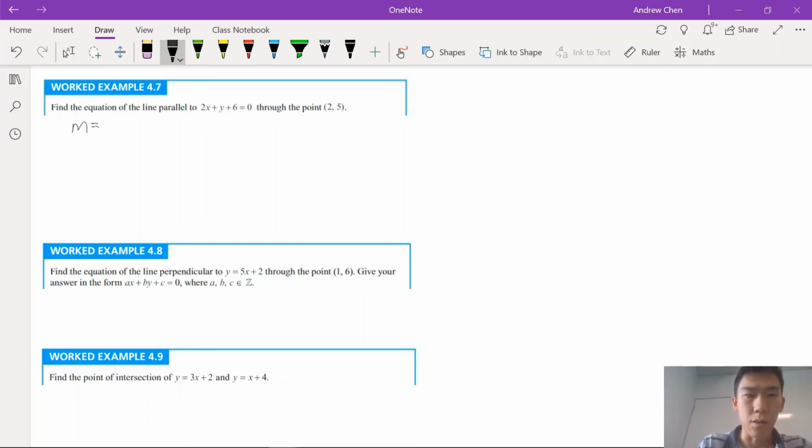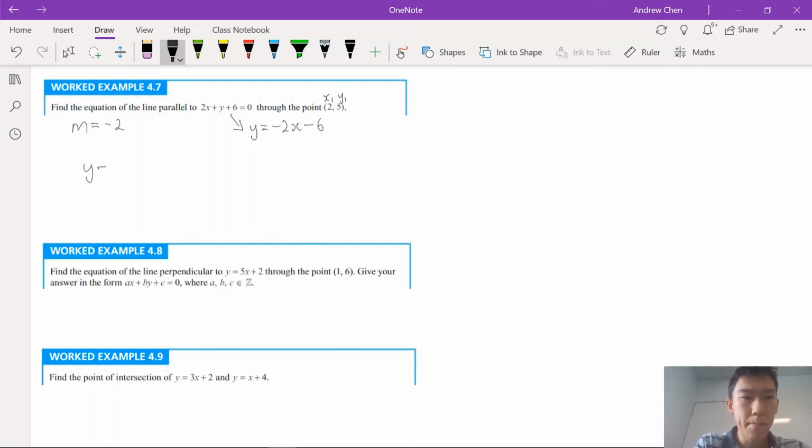So let's find the gradient of this line, which means we need to rearrange this into y equals mx plus c form. Alright, so we can see that the gradient is negative 2. So we now need to find the equation of a line with a gradient of negative 2 that passes through this point. So we've been given a point, so that means we have x1, y1. So this is, again, gradient point form.